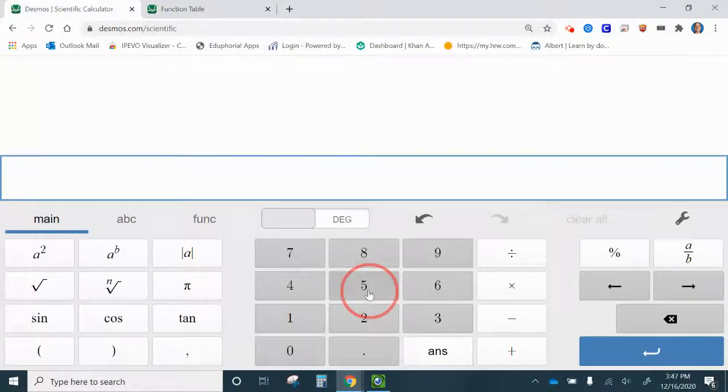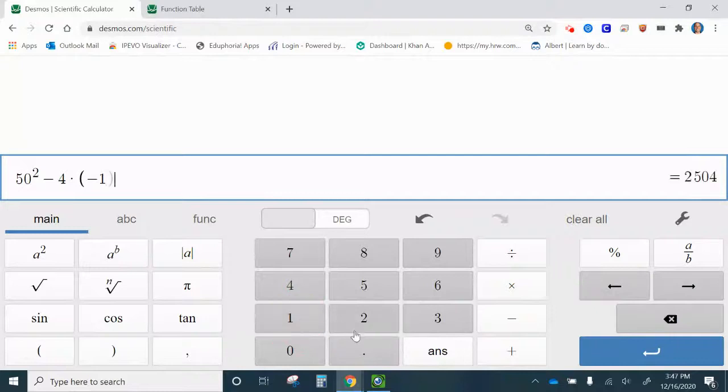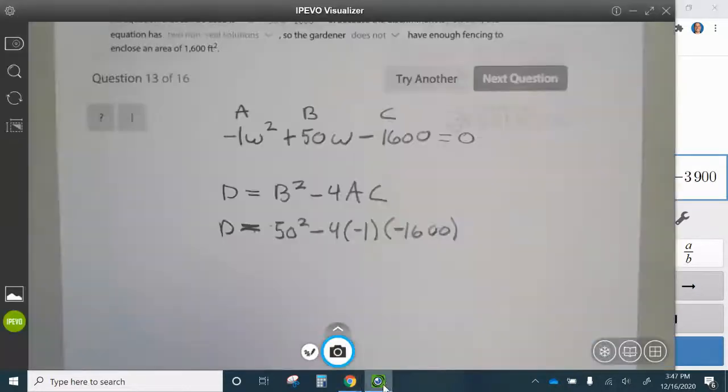So 50 squared minus 4 times parentheses negative 1 times parentheses negative 1,600, which is negative 3,900.